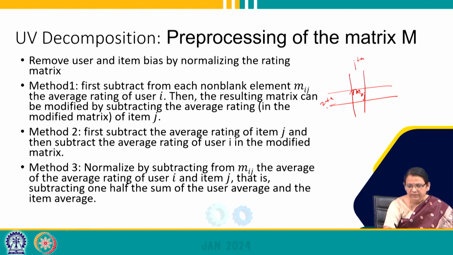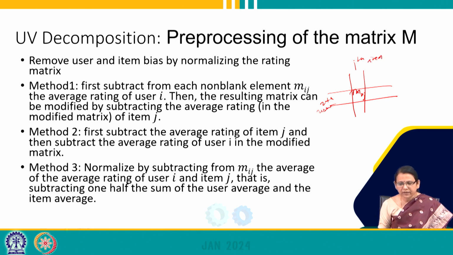What is the ith row? The ith row is for the user, and the jth column is for the item. With respect to this user, the user must have rated many items, so there will be some average value, let us call it m i bar. With respect to the item, there can be some average value, let us say m j bar.